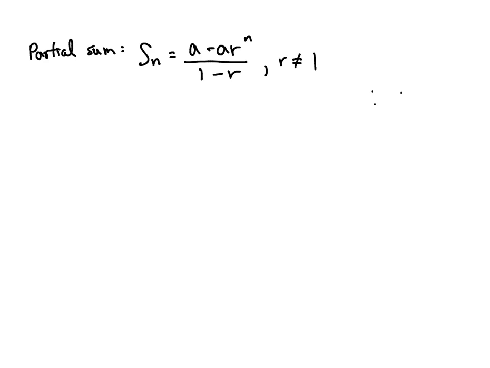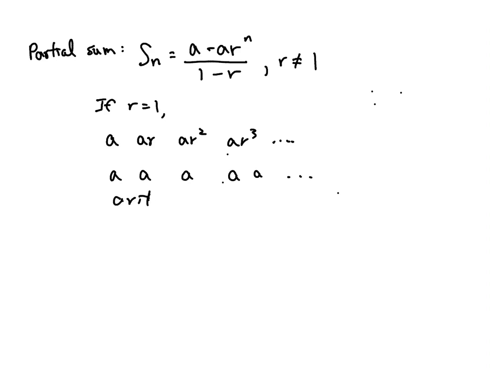Now, one way to think about this is if r equals 1, that means your a, ar, ar squared, ar cubed, and so on is basically just going to be a. And this is no longer geometric. This becomes arithmetic.